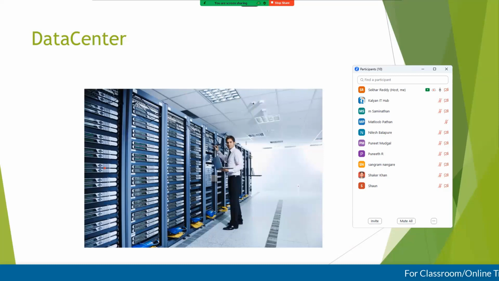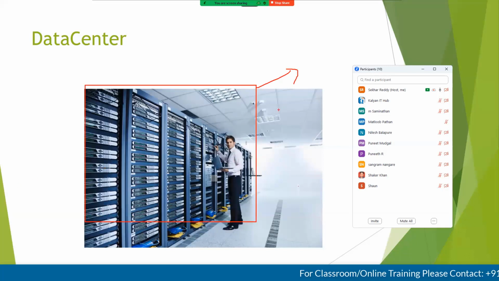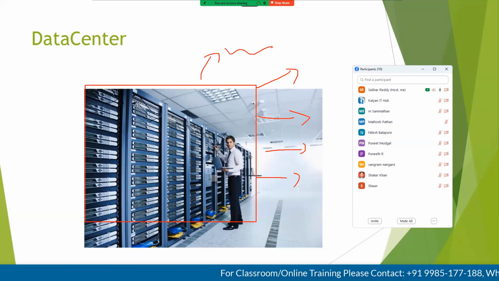Again, what is a data center? A data center is the heart of the organization, which provides many facilities, and to manage all these things we have to spend a lot of time and budget.